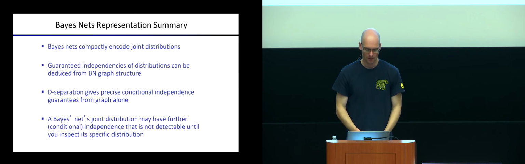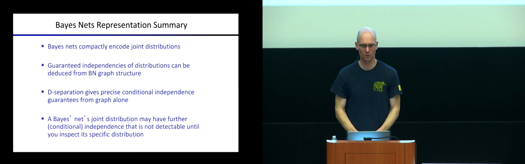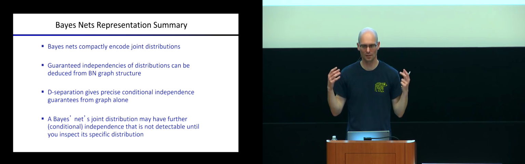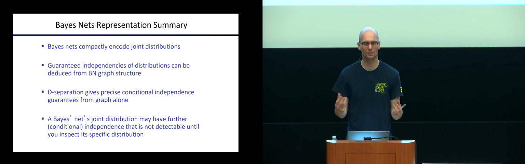Okay, so quick summary. Base nets compactly encode joint distributions. And the reason we care about that is because we want to reason about large numbers of random variables, hundreds, maybe thousands or millions of random variables, to do complicated things. And encoding the joint distribution directly is not going to be practical.